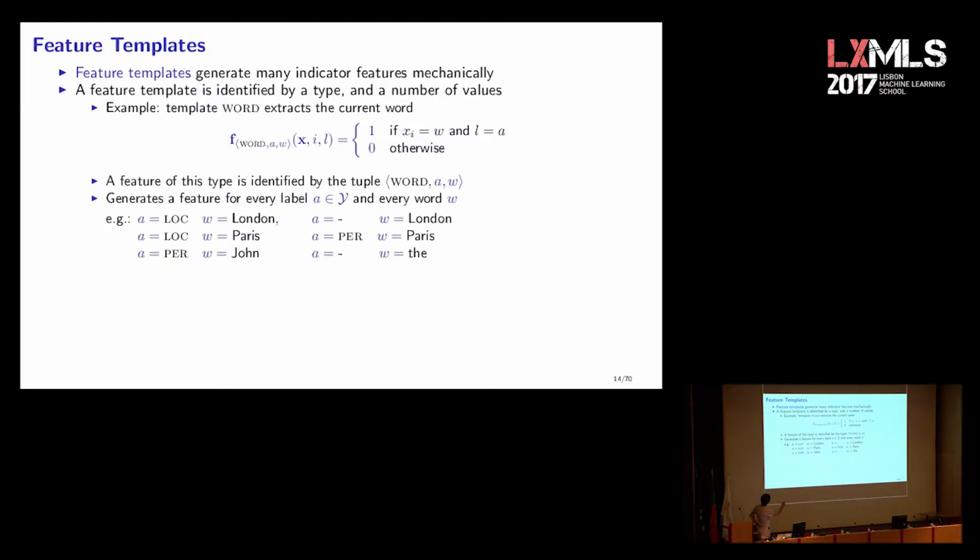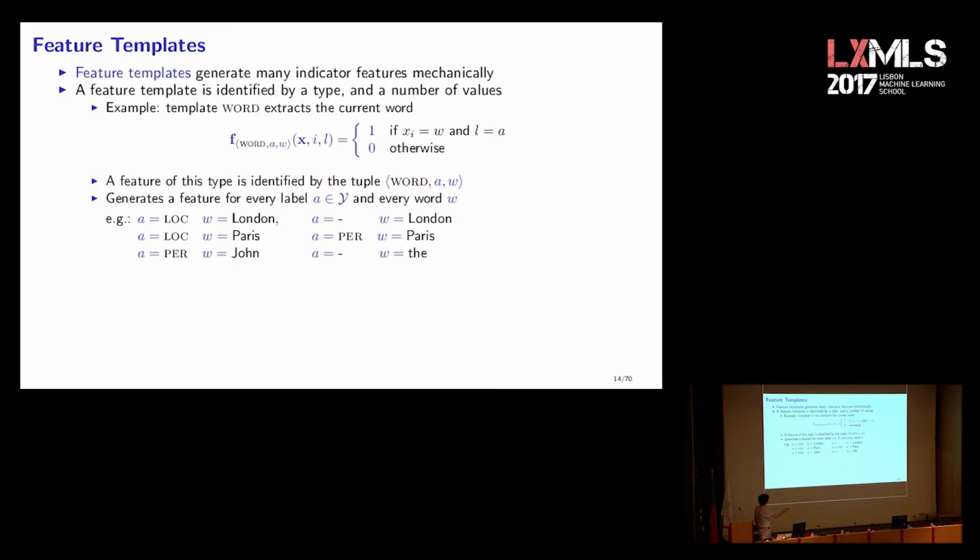A feature template is identified by a certain type and a number of values. For example, if I want to mimic the feature here, I say this is the extraction of a word, and it takes a certain label A and a certain word W. This specifies the function, and it's a function that applies to this input.